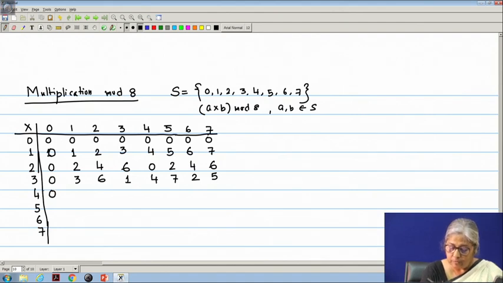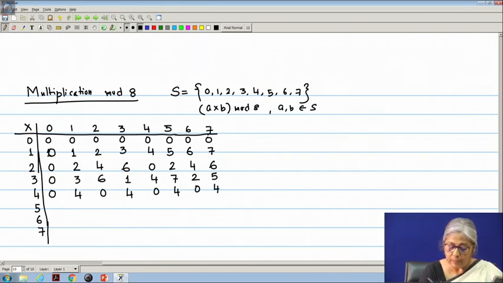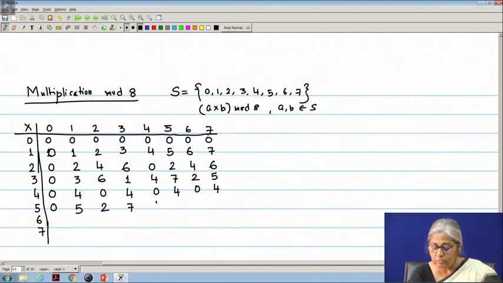Now, 4 into 0 is 0, 4, 8 modulo 8 is 0, 12 modulo 8 is 4, then 0, 16 modulo 8 is 0, 4, 24 is 0, 28 is 4. 5 into 0 is 0, 5, 10 modulo 8 is 2, 7, 20 modulo 8 is 4, 25 modulo 8 is 1, 30 modulo 8 is 6, 35 modulo 8 is 3.